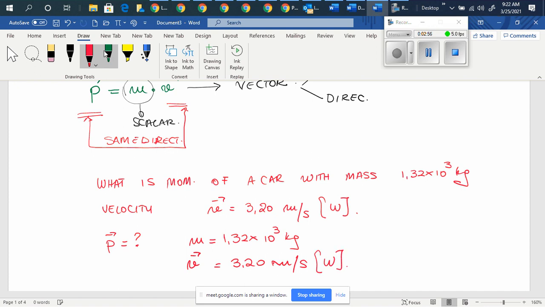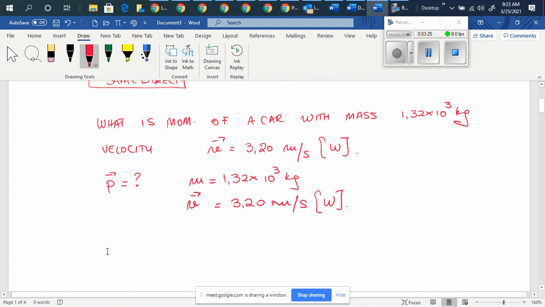So now if I ask you what is the direction of momentum, you will say it is going west. Definitely it is going west because the velocity and momentum have the same direction. And in this case, the direction of the velocity is known as west. Therefore, the direction of momentum will be the same.